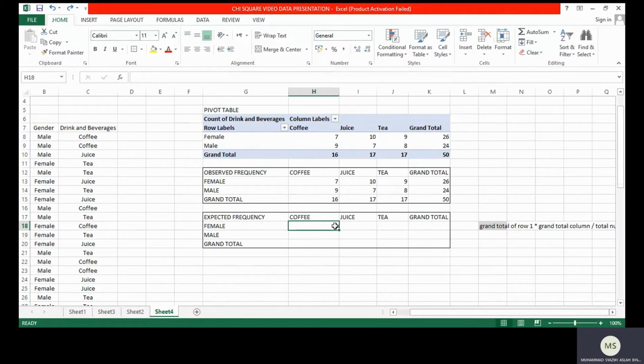Okay, first, grand total of row 1 times grand total of column 1 divided by total number of observations.